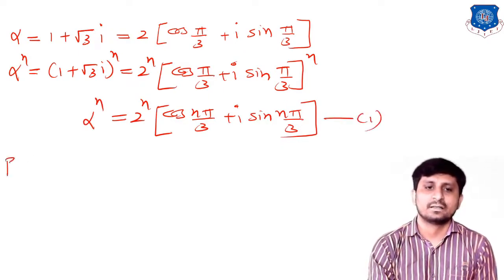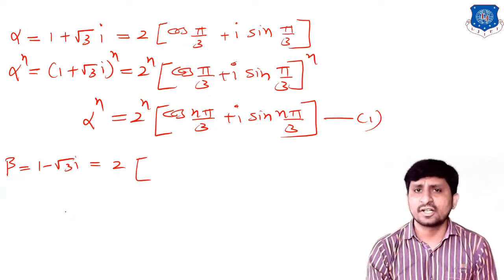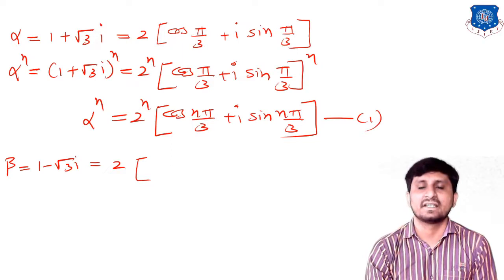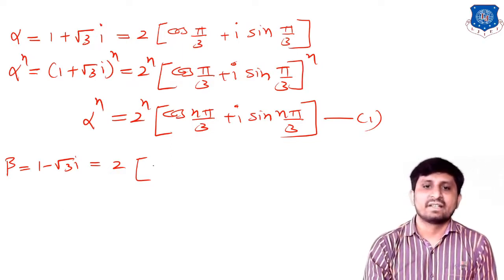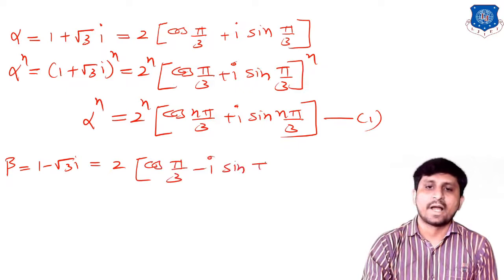Now what is beta? The value of beta is 1 minus root 3 i. Which quadrant? Fourth quadrant. In the fourth quadrant, theta is equal to minus alpha, and alpha is pi by 3, so theta is minus pi by 3. So we can write 2 (cos pi by 3 minus i sin pi by 3).